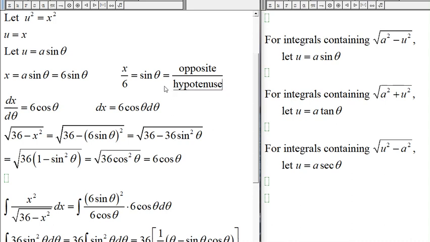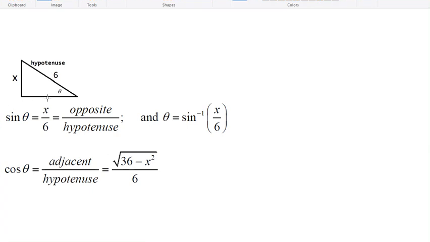And then we just use the right triangle, and we get the opposite side is x, the hypotenuse is 6, since sine of theta is opposite divided by hypotenuse. And sine of theta is x over 6, therefore theta is sine inverse of x over 6.